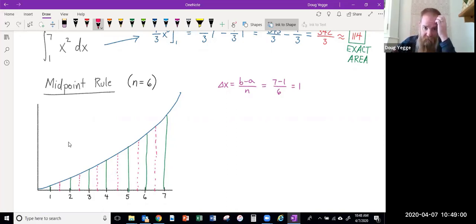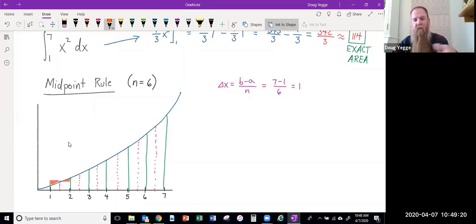And 13/2. So what we got to realize is each of these are now creating the heights of the rectangle. So you can see that part of that is going to be an over approximation, while part of it is going to be an under approximation.